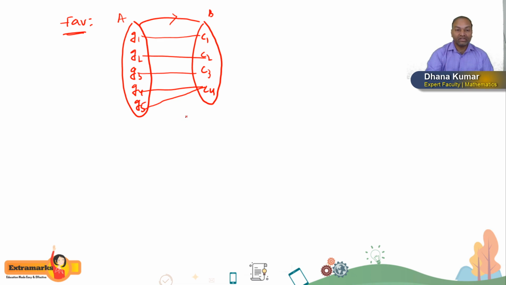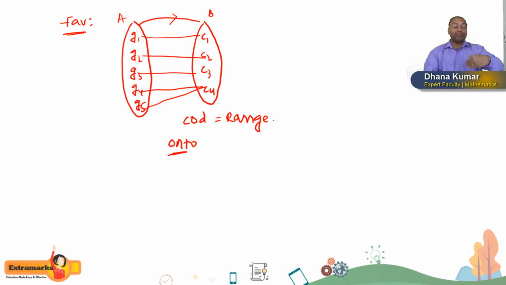So codomain is equal to range, and then the function is said to be onto. So here the number of favorable cases is equal to the number of onto functions.